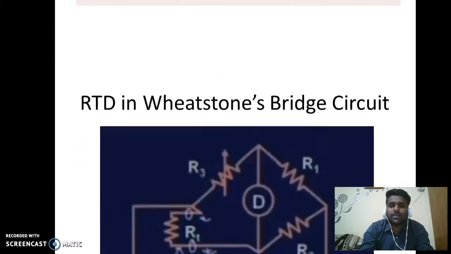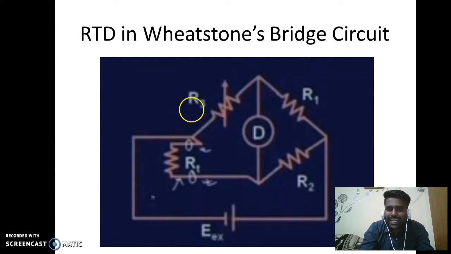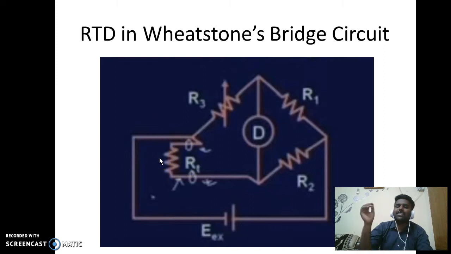Basically, the construction of RTDs is arranged in a Wheatstone bridge circuit. As I said, signal conditioning is involved, so it is arranged in a Wheatstone bridge format, where I place my RTD. Practically, RTDs are connected somewhere near the control room, and the machines are set up in some other place.